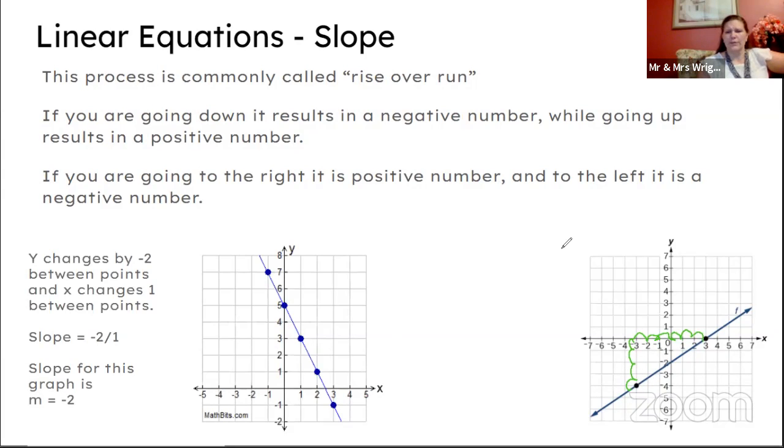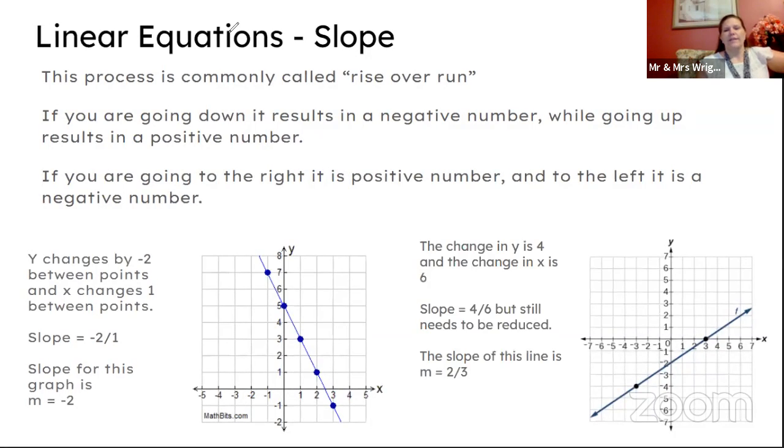Okay, so I went up 3, and then I went to my right 6. So that looks like it's going to be 1/2. And if you notice, doing it this way, I have a positive line, and with this one I had a negative line. So my slopes definitely checked out based on the information that I know.